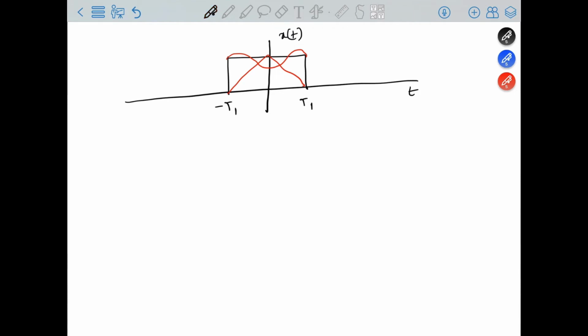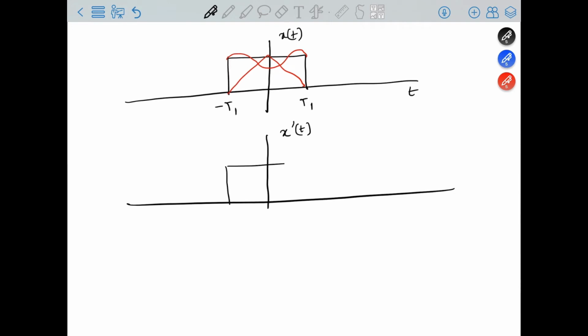And we construct a signal x dash t, which is the repeated version of this signal with a period of T. So, we will get this kind of signal which will repeat this square pulse after a period of T and so on.